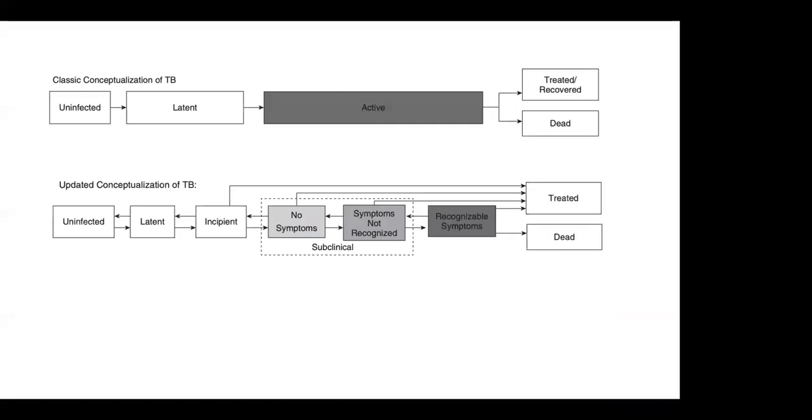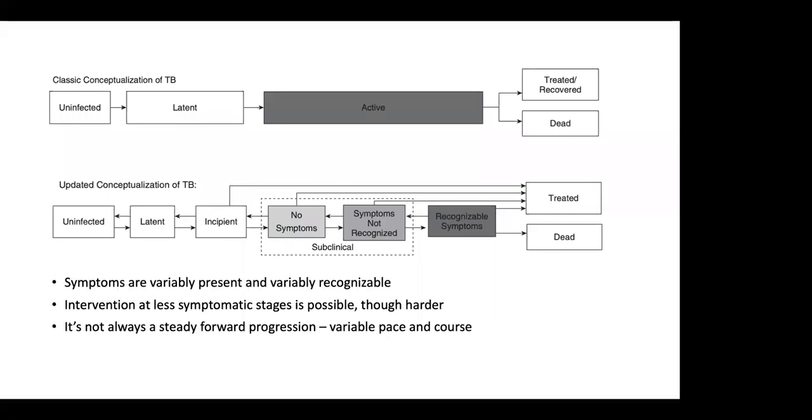And I think some of the things that many people are coming to realize, or realize again recently, are that this active disease is a spectrum that can be defined on multiple dimensions, one of them being symptoms, and that you can break it down into people who have recognizable symptoms or don't. And I would say that even within those who don't have recognized symptoms that they would report, there's probably a spectrum of whether people have no symptoms at all, or whether they have mild symptoms that they aren't recognizing or reporting.